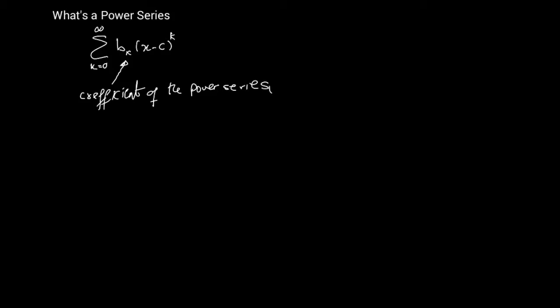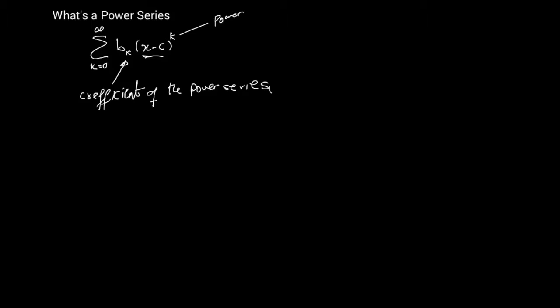And of course, here, this is the power. So these are the various components, and there is your x, essentially. x minus c is to give us some flexibility, and this basically forms the power series.